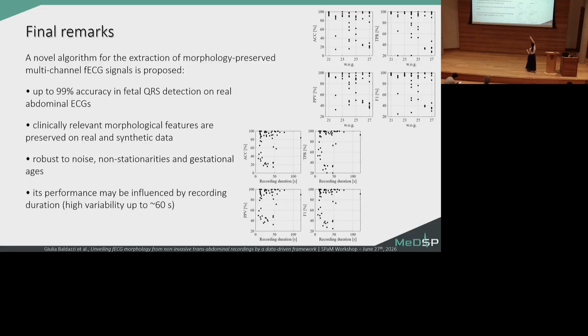So actually, we explore the impact of the gestational age on the Nymphea dataset only for this reason. And as we can see briefly here, the week of gestation seems to have no influence on the performance of the algorithm. Thank you. Any other questions?